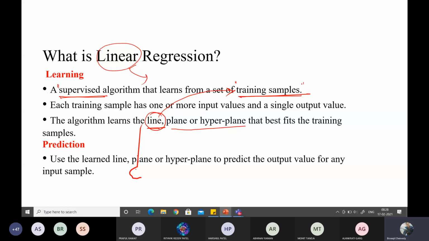So use the learned line, plane or hyperplane to predict the output value of any input sample. Based upon that regression line, we'll try to predict the future value or some output value of any input sample. Okay.